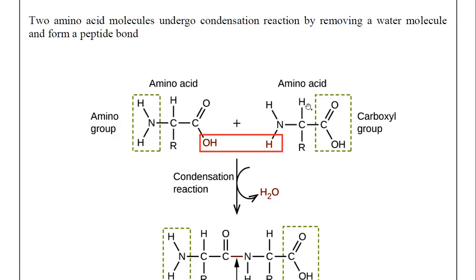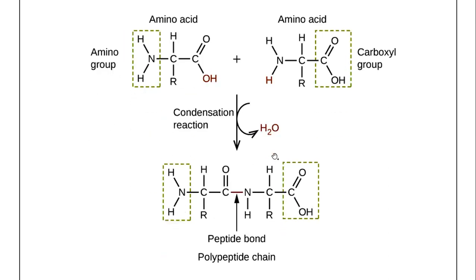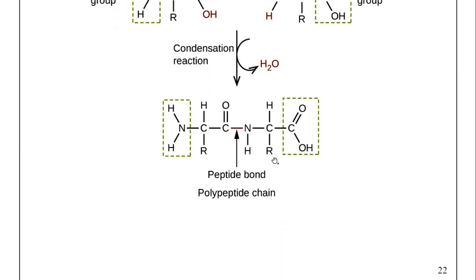The peptide bond is created between whom and whom? Carbon and nitrogen. It's a characteristic bond for protein. Clear? Yes, sir. Right. Anyway, you have to practice these diagrams.